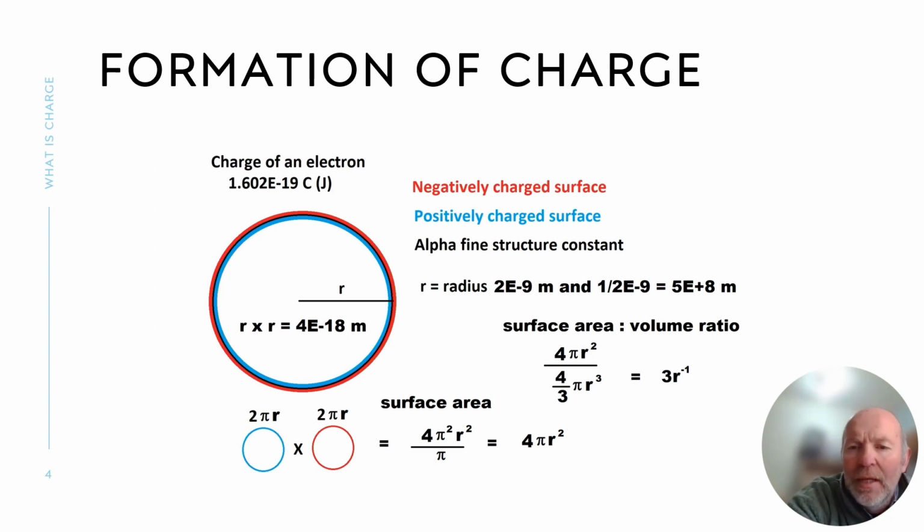And what we end up finding is that we have a number that's actually double the electron charge. So we end up with close to 3.2e to the negative 19 coulombs.